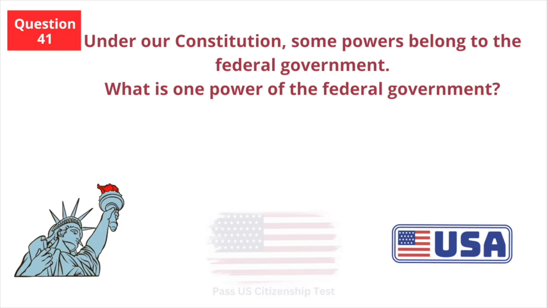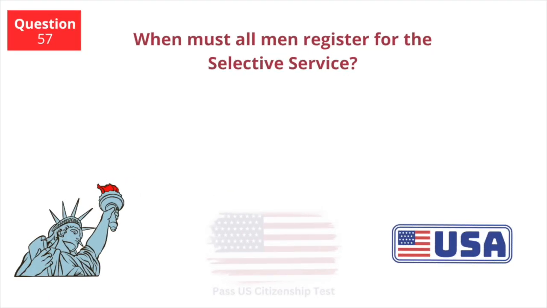What is one power of the federal government? To print money. When must all men register for the Selective Service? At age 18.